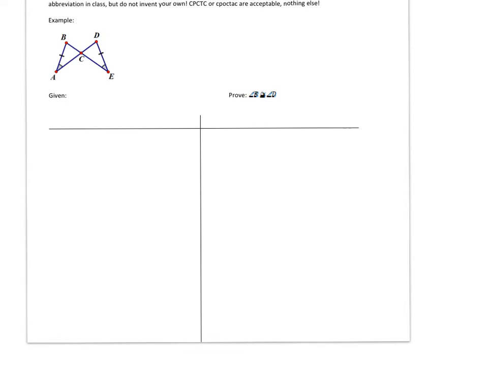All right, right here I have two triangles with things marked. I'm given that angle A is congruent to angle E, and that AB is congruent to ED. So let's write that down as our first step.